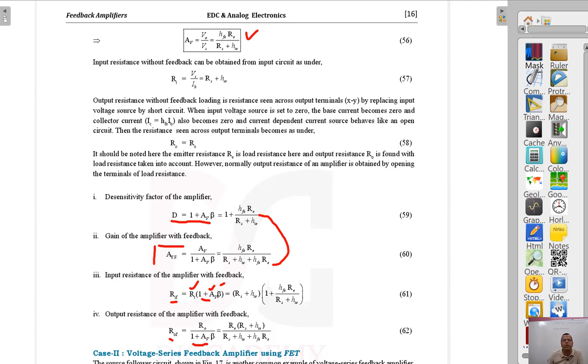So you know what is A_V, you know what is beta, you know what is R naught. So by simply putting into this expression, I am able to obtain all the parameters of the amplifier. That is output resistance with feedback, input resistance with feedback, then gain of the amplifier with feedback, and desensitivity, of course. So this is all about your voltage series feedback.